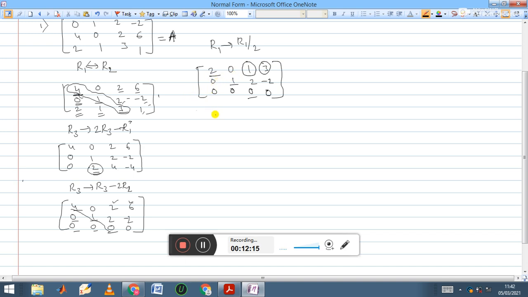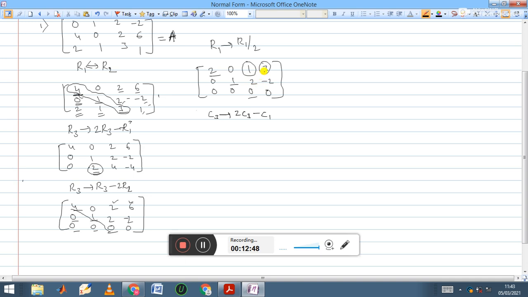So now you are starting the column operations. Your first column operation, C3 implies 2C3 minus C1, because your C3 first element is 1. To make it 0 by using column 1, you multiply the third column by 2 and subtract column 1.